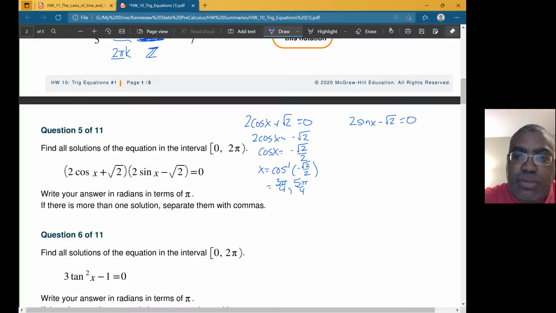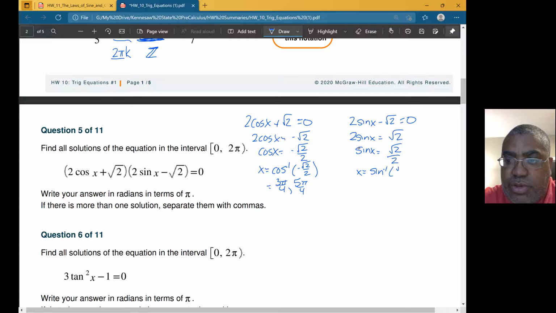All right. So 2 sine of x minus root 2 is equal to 0. 2 sine of x is equal to root 2. Sine of x is equal to root 2 over 2. So x is equal to the arc sine of root 2 over 2. It's in the first and second quadrant. So x is equal to pi over 4 and 3 pi over 4.